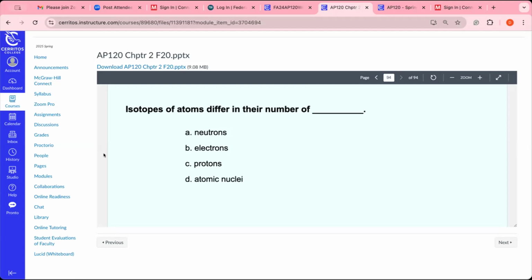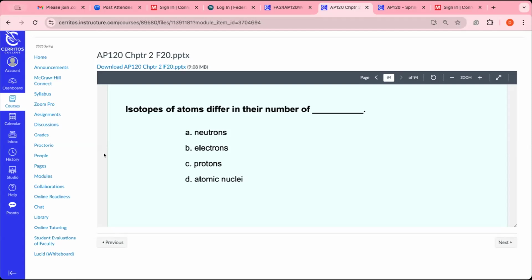That was in your slide. So isotopes have the same number of protons, but different numbers of neutrons, for the same element.